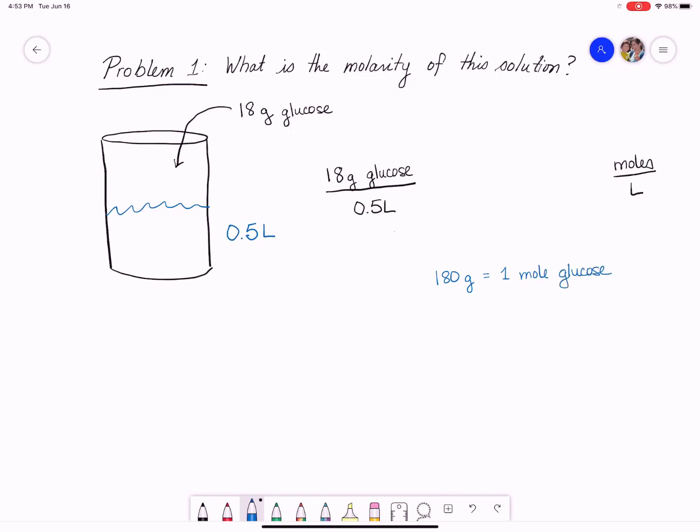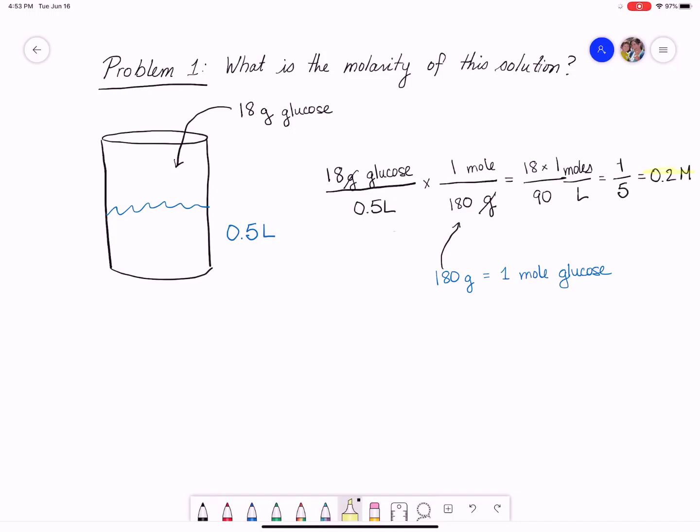And now I'm going to use that conversion factor in this problem. So I'll do a multiplication sign, line, and grams are going to go at the bottom. I'm going to go ahead and put 180 down there and 1 mole at the top. And when I factor all of this out, I have 1 over 5 or 0.2 molars. So again, moles per liter is equal to a capital M or molar. That's the concentration.